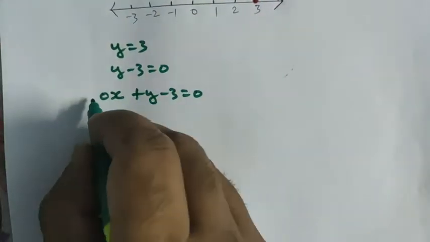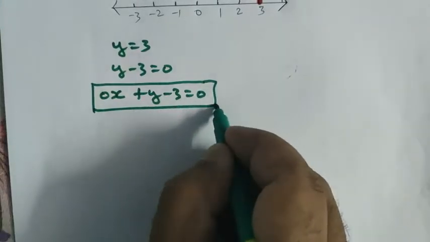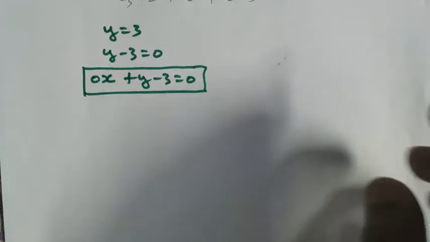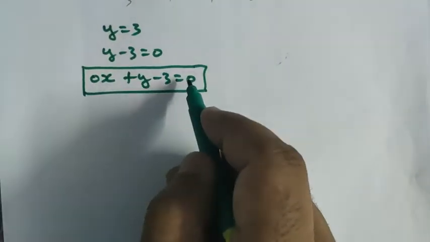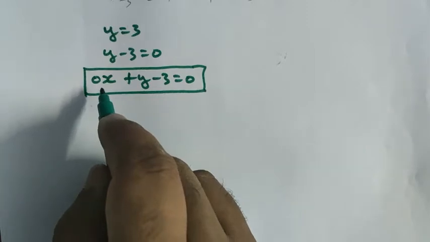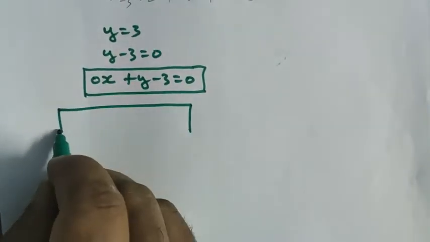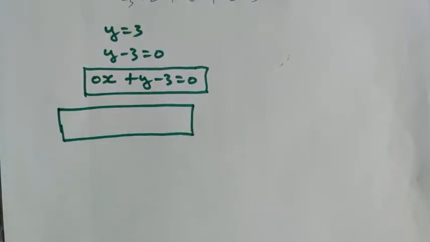So for any value of x, y will be 3, because if we take x equals 1, then also y equals 3. If we take x equals 2, also. I have told you earlier that if we have y equals 3, the graph will be parallel to the x-axis.